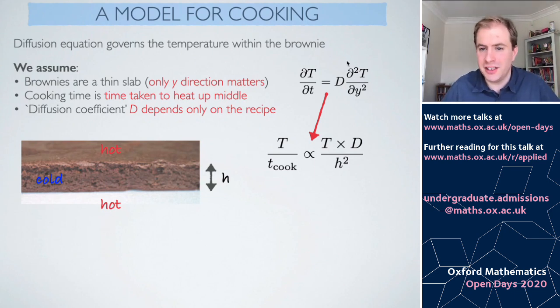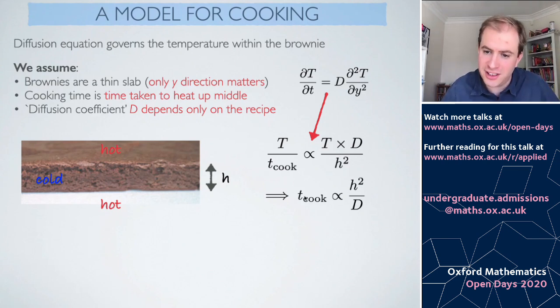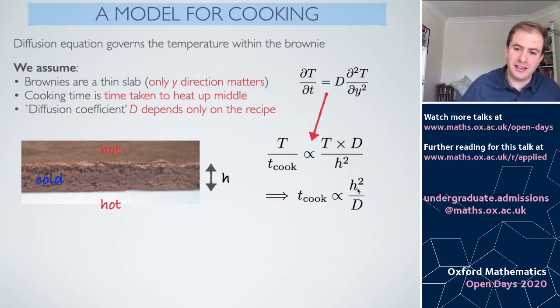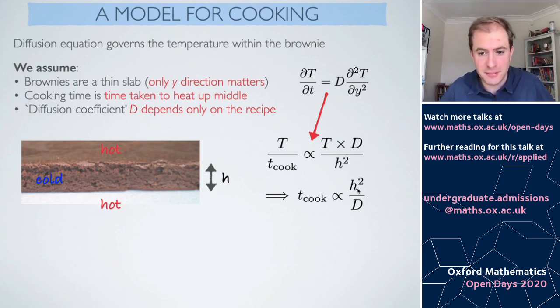And on the right-hand side, I've basically got some constant d times the temperature, and then two derivatives with respect to y. Well, that's a little bit like dividing by the thickness h twice. So from this, I can cancel out my t's, and I end up saying that the time taken to cook has to be proportional to the square of the thickness divided by the diffusion coefficient d.